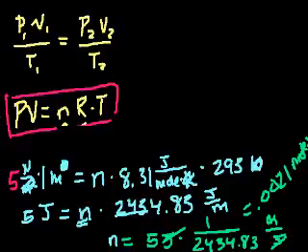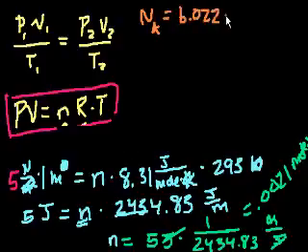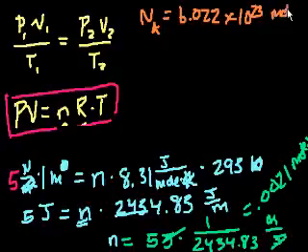So Avogadro's number. Did I even say what Avogadro's number is? Avogadro's number is the number of molecules per mole. So Avogadro's number is equal to 6.022 times 10 to the 23 molecules per mole. So the top is molecules, the bottom is mole. I know you can't read that. So if I have 0.0021 moles, how many molecules do I have?